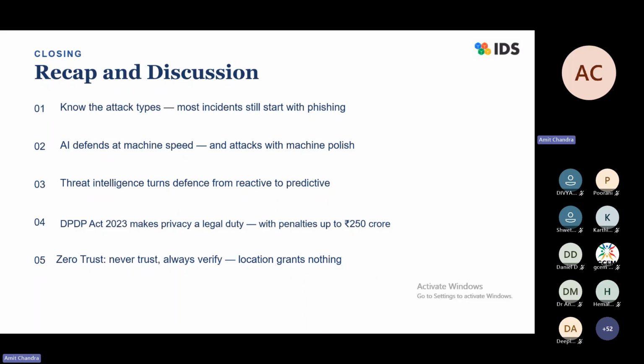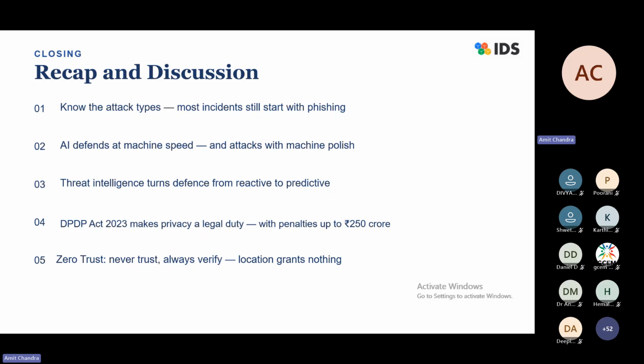AI defends at machine speed, and attacks will be machine-polished. AI always defends your machine so that it works properly, and the threat intelligence you have will protect you from attacks, so you can take more corrective actions.